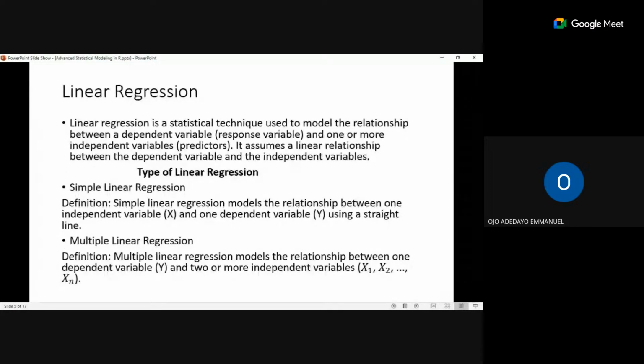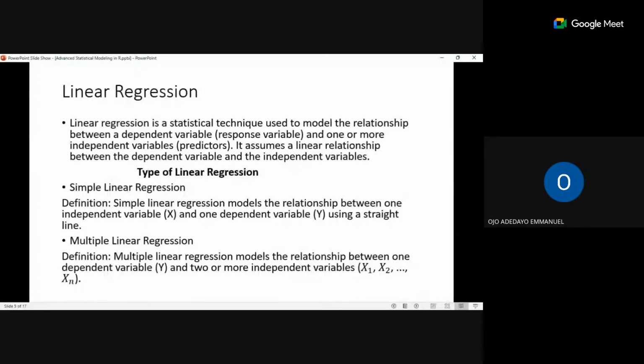Number 2 of the linear regression is what we call the multiple regression, from the word multiple. That means that you have just one dependent variable, which is the variable y, and then we have multiple, 2 or more independent variables. So if I want to measure obesity as the dependent variable over the diet, the exercise, then the sleeping hours, we have more than one independent variable like that.